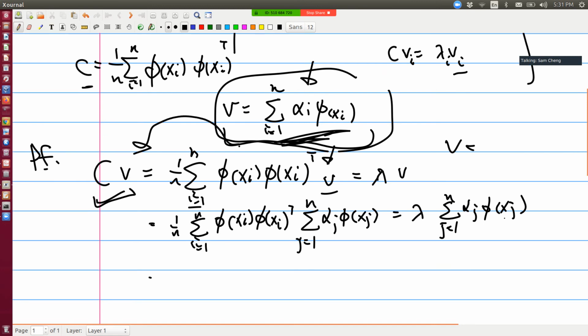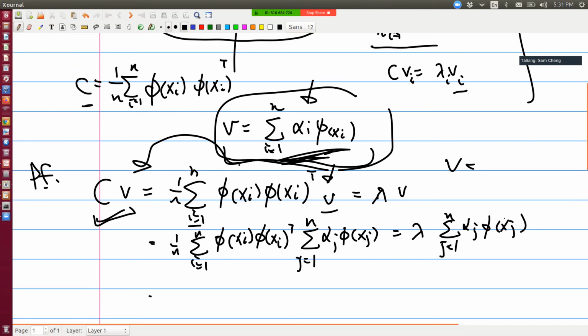So my intention is I want to create a kernel matrix. Remember, what is that kernel matrix? The kernel matrix should have the ij element equal to phi xi transpose phi xj.